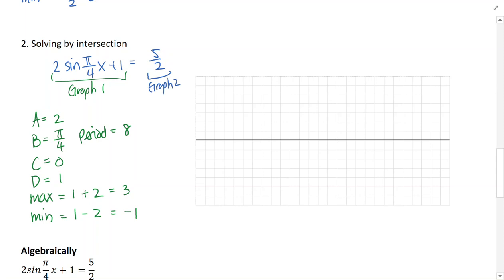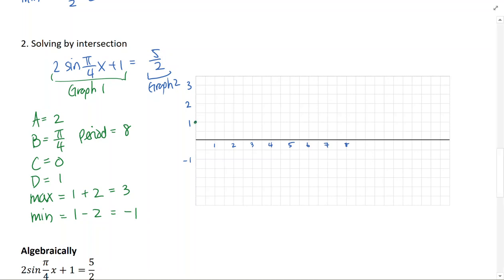I'm going to have the same scale, so each 2 boxes will represent 1, and each 2 boxes will also represent 1 for the domain: 2, 3, 4, 5, 6, 7, 8. Okay, and the midpoint is at 1.